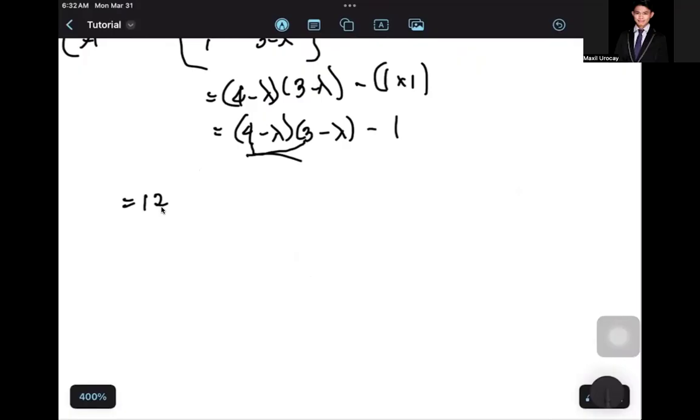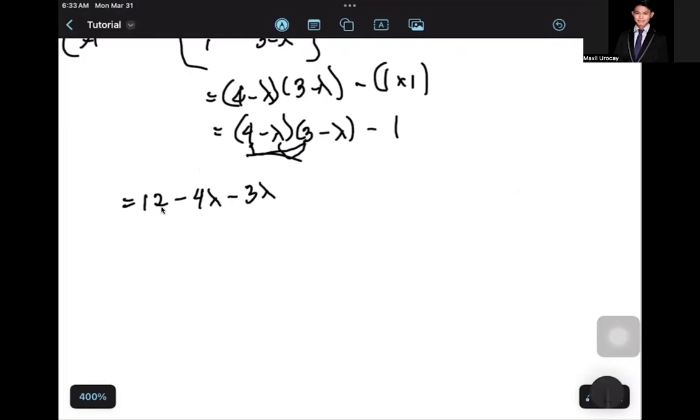Then after that, the outer. It will become minus, outer will be 4 and lambda, so it will become 4 lambda. Then inside, it will become lambda and 3, so it will become minus 3 lambda.